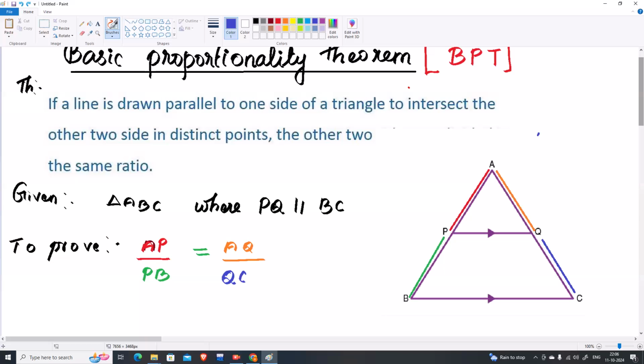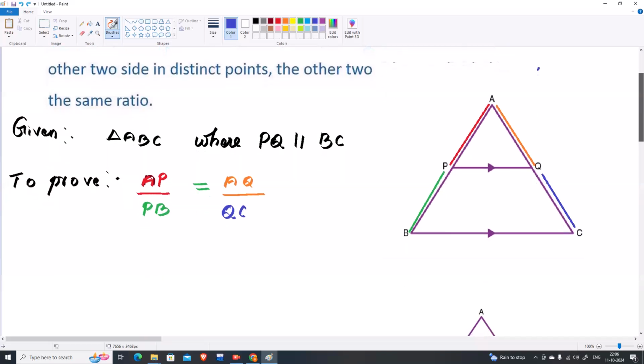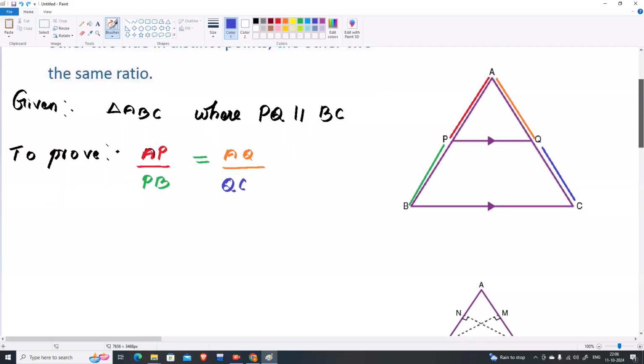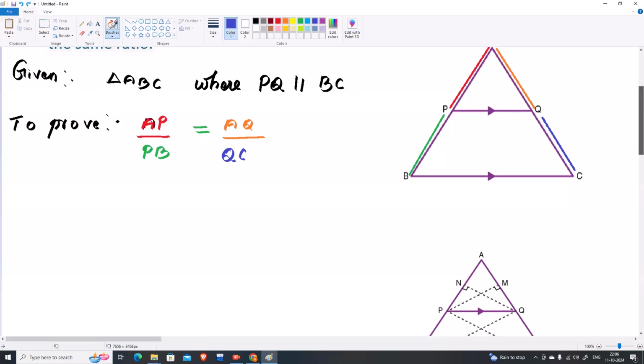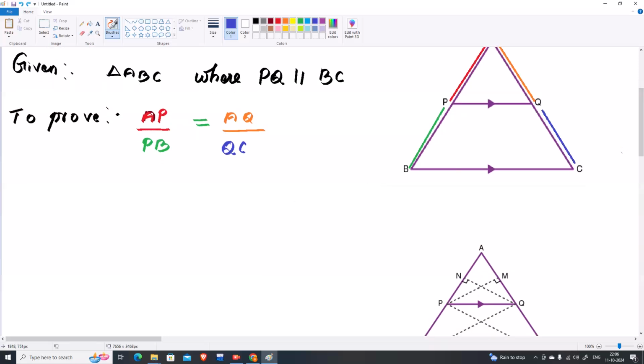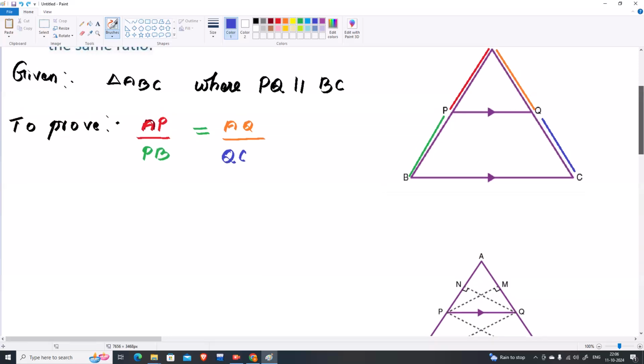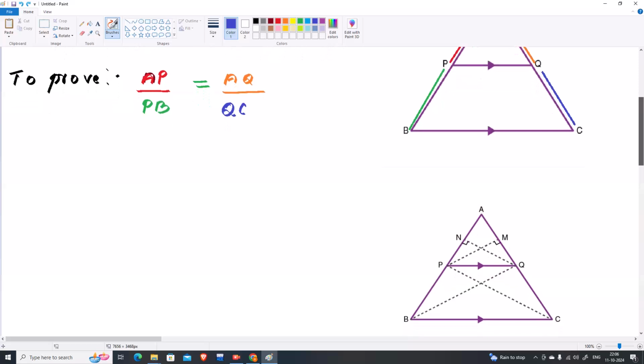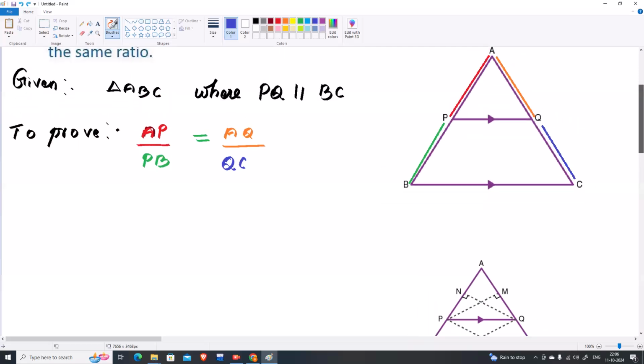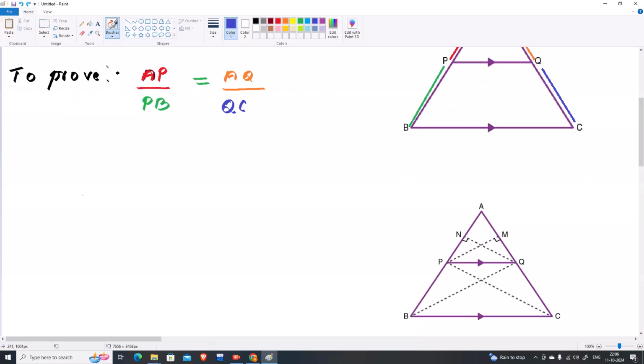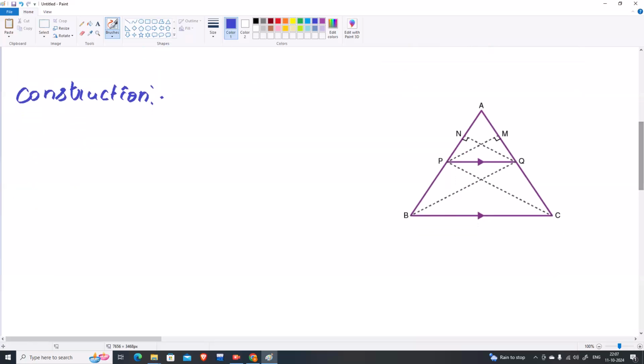To prove this theorem, I am taking help from the area of a triangle formula. What is the formula for the area of a triangle? Half into base into height. So I need a height. To get the height, we construct perpendicular lines. So we write the construction.